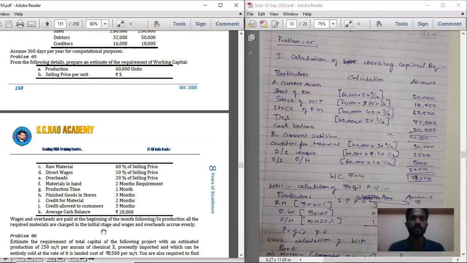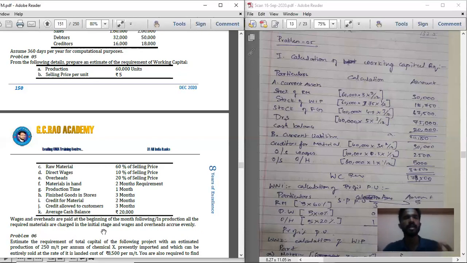Wages and overheads accrue evenly, which means we should take only 50%. Half will be done and half will be in the future, so 50% of wages and overheads should be included in the work in progress, and the remaining 50% will come after the commencement of production.